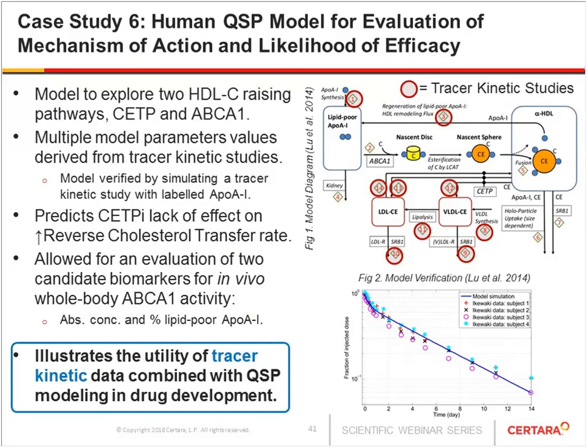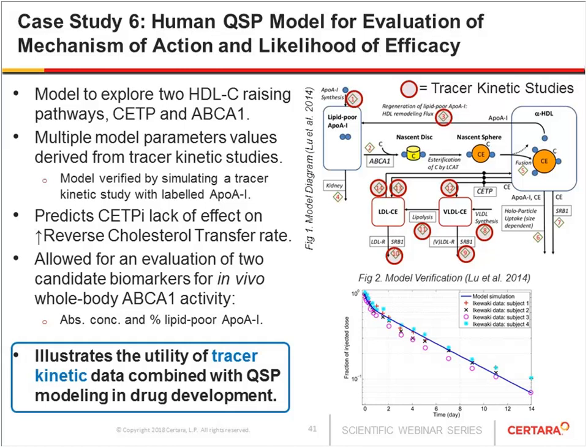Ultimately, I think the extremely high value of this model was that it was able to predict that CETP inhibition had a lack of an effect on what we call the reverse cholesterol transfer rate, which is the rate of clearance of cholesterol from peripheral tissues out of the body, or the elimination of cholesterol.